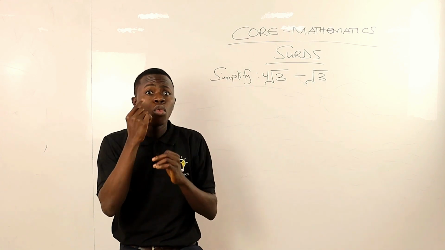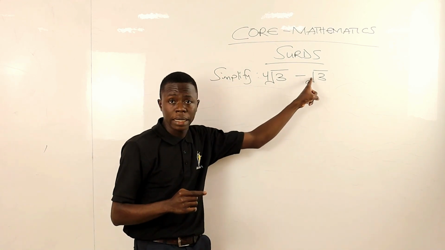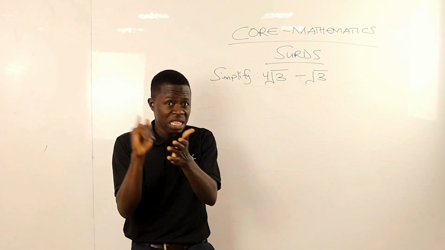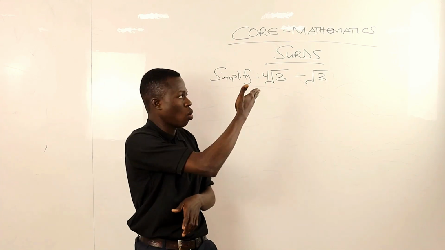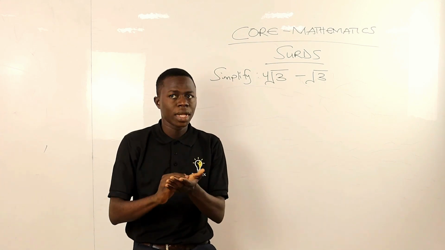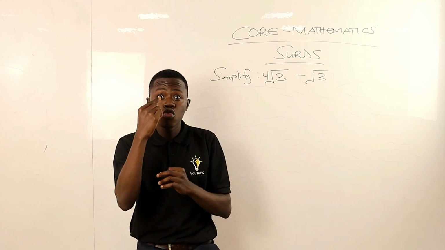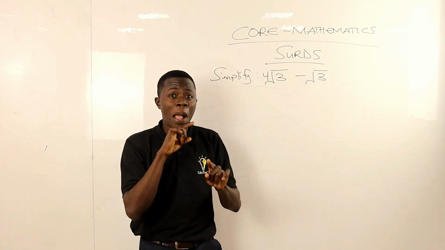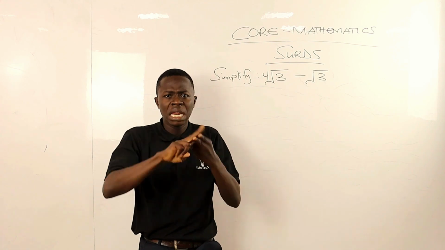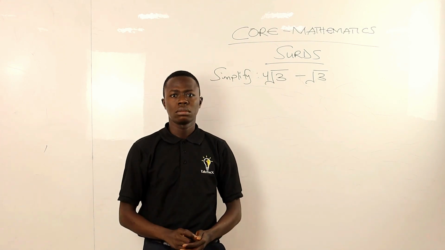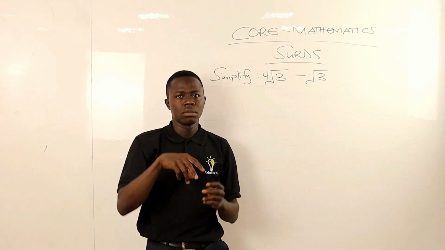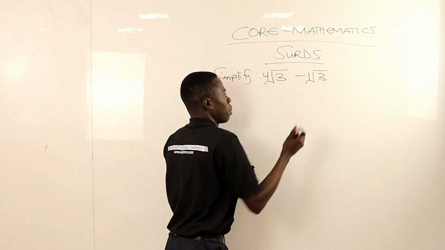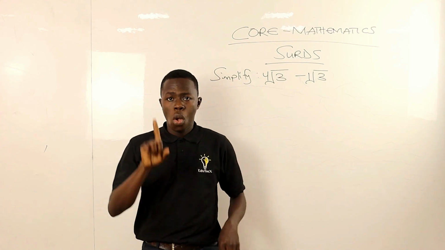Now, if you see a term that is expressed as the one you see on the board, square root of 3, without any number in front, you must always assume there is 1 outside that square root sign. So for instance, square root of 3, you know you have 1 there, just like I've expressed on the board.